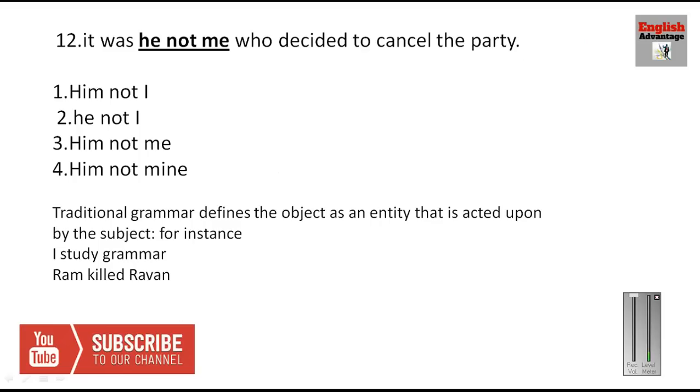Now let us see the next sentence. It was he, not me, who decided to cancel the party. See, this is a very tricky sentence and it has come multiple times in many competitive exams like Bank PO, Railway, SSC. So this is also a concept-based question. This is pure grammatical concept. Now with this word was, the pronoun is always written in the subjective case because this does not indicate any action.